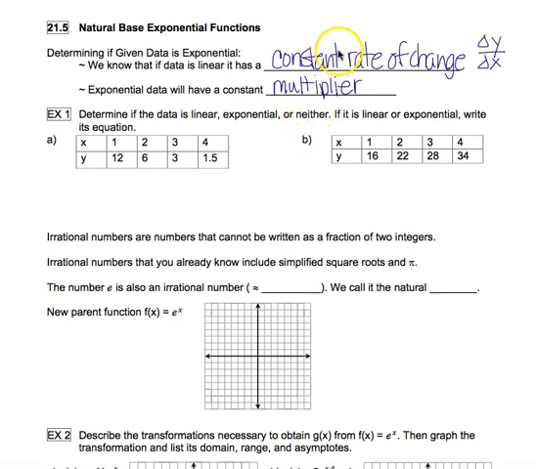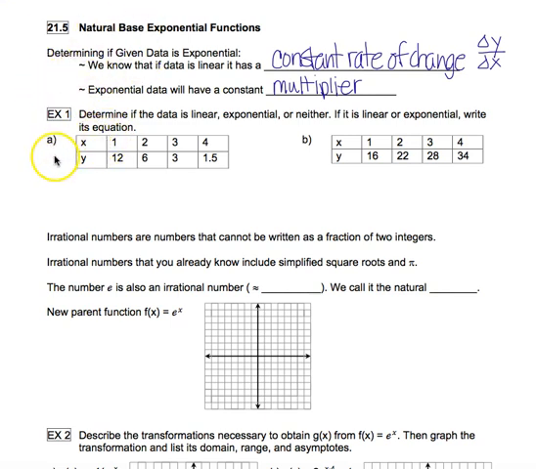If the data has a constant rate of change, then we'll say that it's linear. If it has a constant multiplier, we'll say that it's exponential. If it has neither of those two things, then we will say it is neither linear nor exponential. If it is linear or exponential, we are expected to also write the equation.